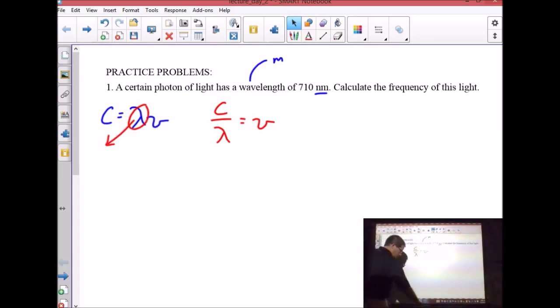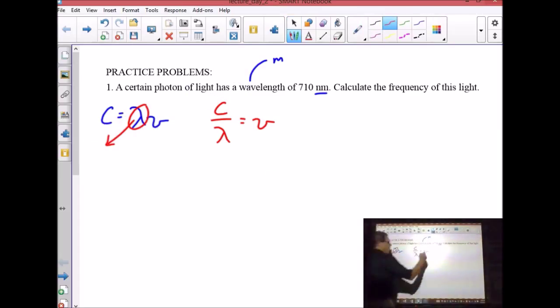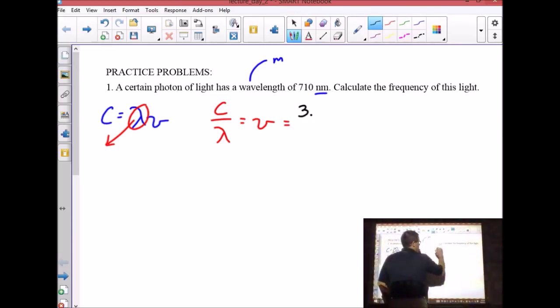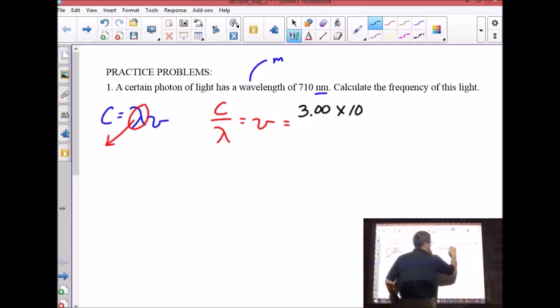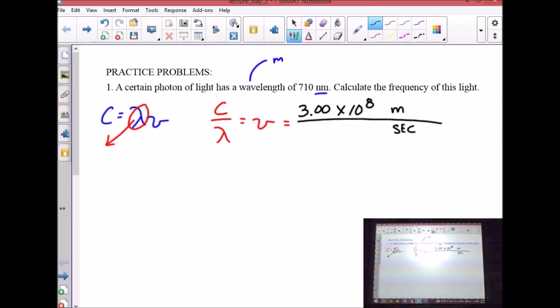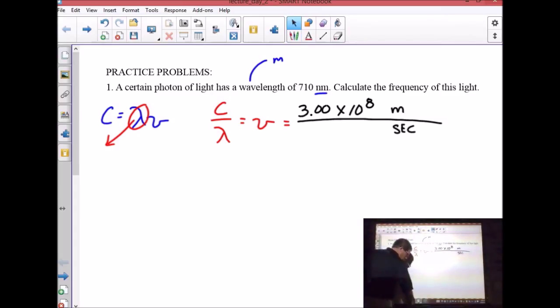Here we have our speed of light, which is 3.0 times 10 to the 8, and I will give you that. That's meters, and I'm going to put second right there, instead of doing double division lines, like I talked about earlier in the year. Now the wavelength, we have to do something with that.